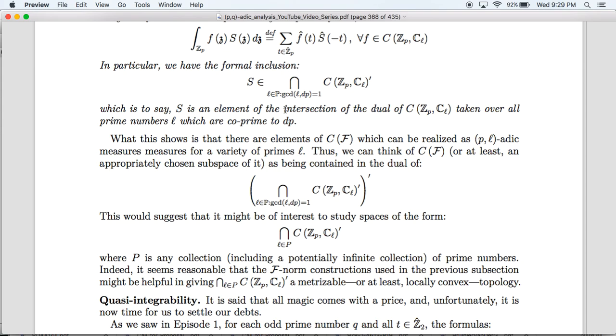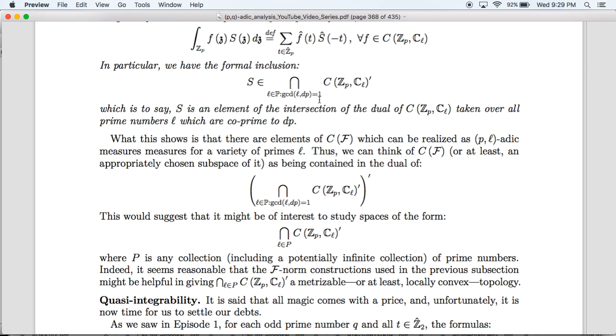And in particular, we then have the formal inclusion that S itself, if we identify S, the F series, with the measure it induces, we have that S is contained in the intersection of the dual of the continuous L-adic functions, basically the space of measures for all primes L which are coprime to dp.